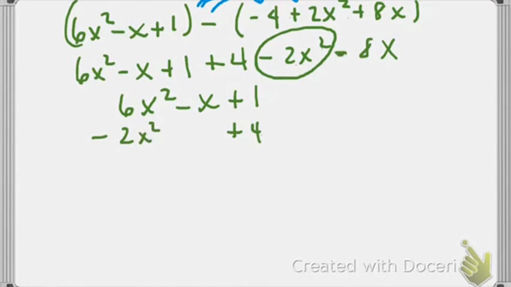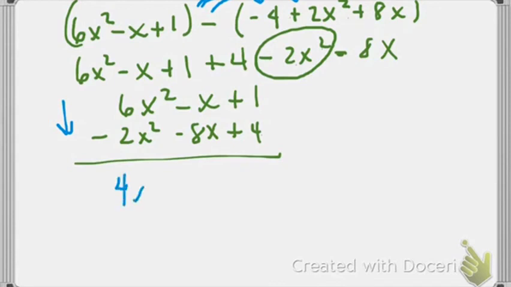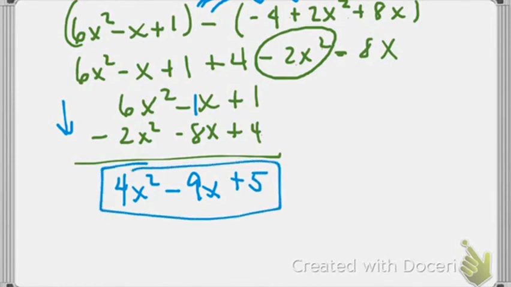This one's a negative 8x, so I'm going to put a negative 8x here. Now I just go straight down. 6 minus 2 is 4x squared. Negative 1 and a negative 8 is a negative 9x. And this will be plus 5. And that right there is our answer.